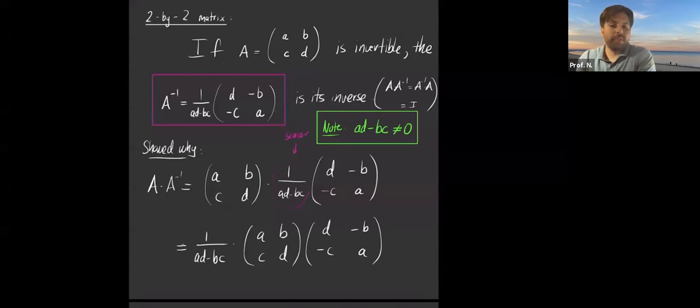If I have a 2 by 2 matrix, A and D here are specific entries, the main diagonal entries. If the product of the main diagonal entries subtracted by the product of the other diagonal, if that difference equals 0, then it's not invertible.